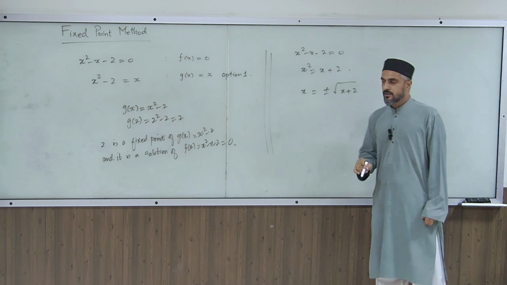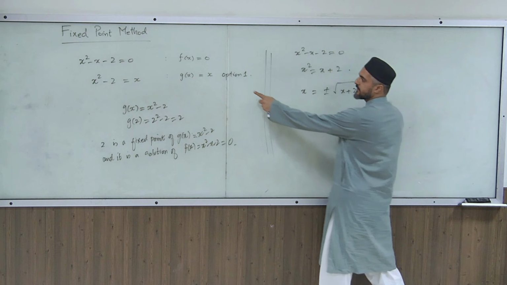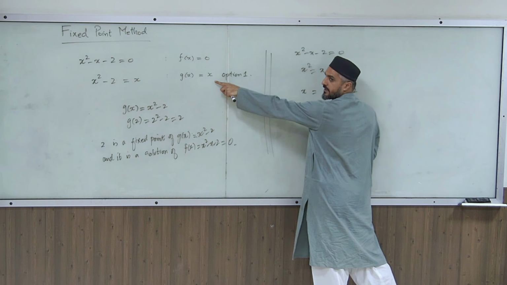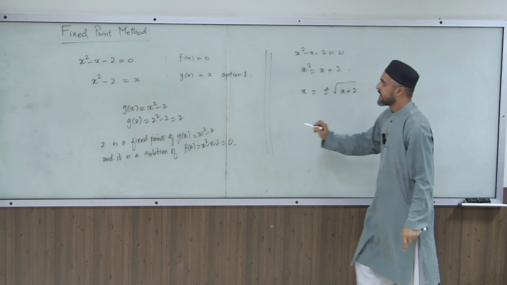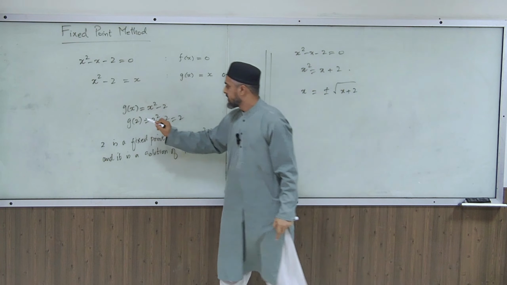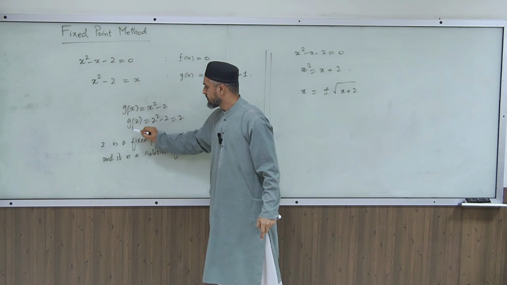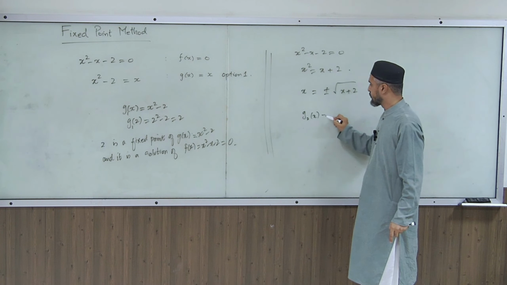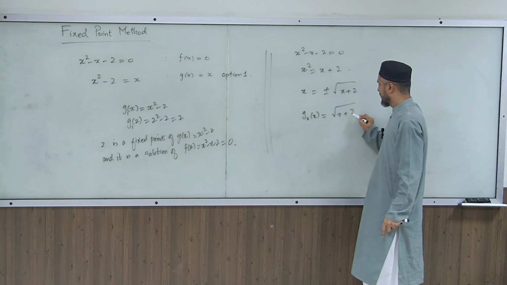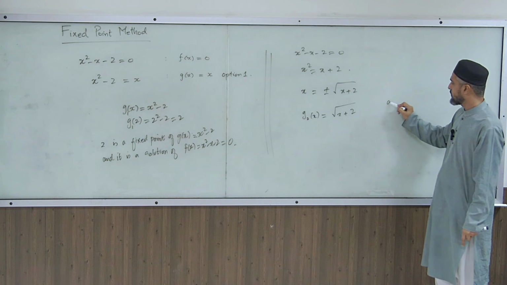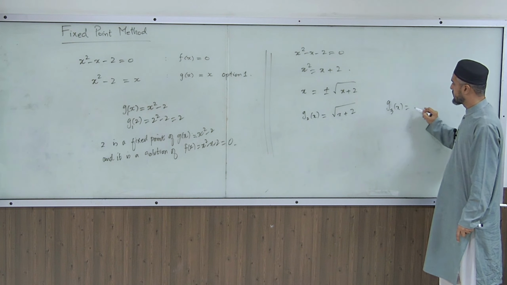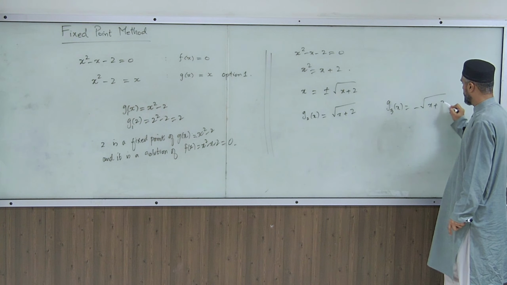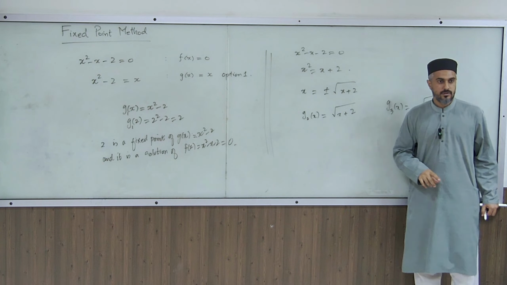Now if I try to relate with the generic form, I can say this is the first, g1. I can also have g2, which is the positive square root of x plus 2. I can also have g3, which is the negative square root of x plus 2.